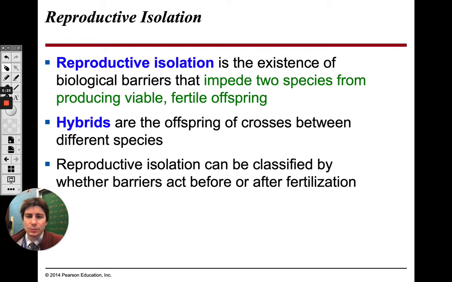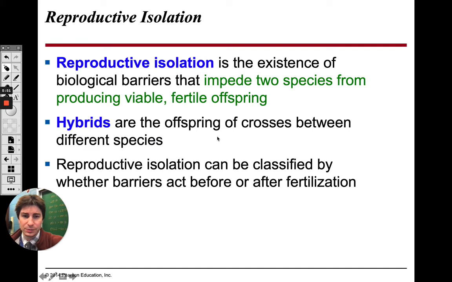So the next thing is reproductive isolation, and this is a very broad term. We're going to go into a lot of different parts and examples of reproductive isolation, but overall, it's just a general, broad examination. It's the existence of some kind of barrier that impedes two species from making fertile offspring.